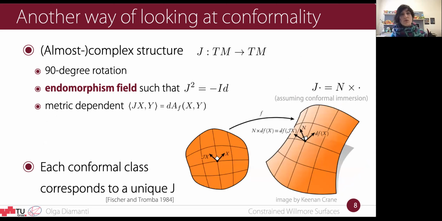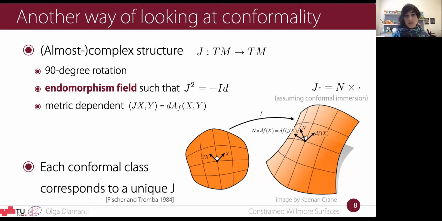And in fact, there's another way of looking at conformal equivalence by looking at the so-called almost complex structures from differential geometry. These are fields of endomorphisms on the surface, meaning that at every point you assign a smoothly varying linear transformation on the tangent plane. And there's the special endomorphism field J, which is essentially a 90-degree rotation.